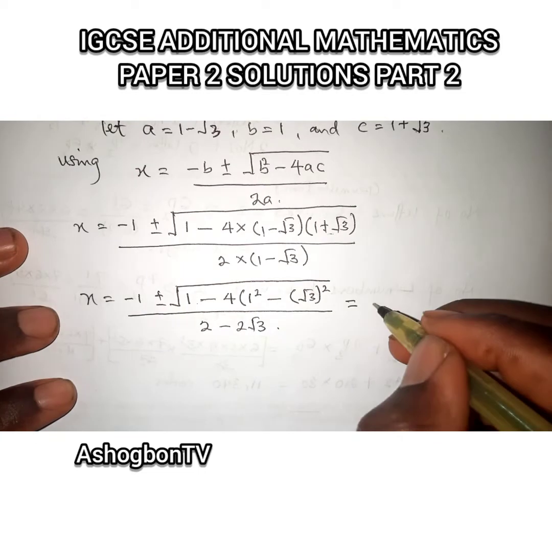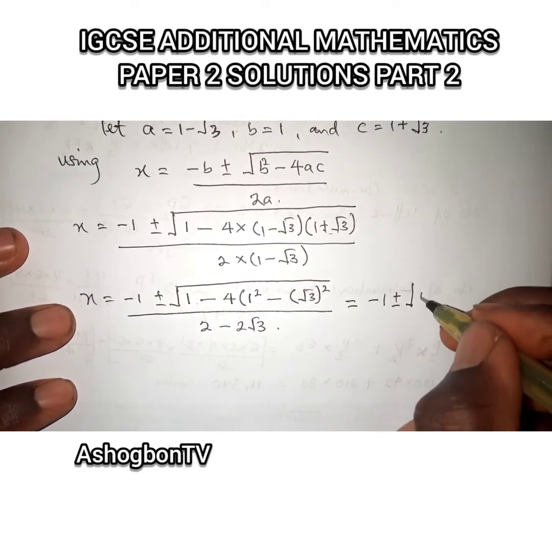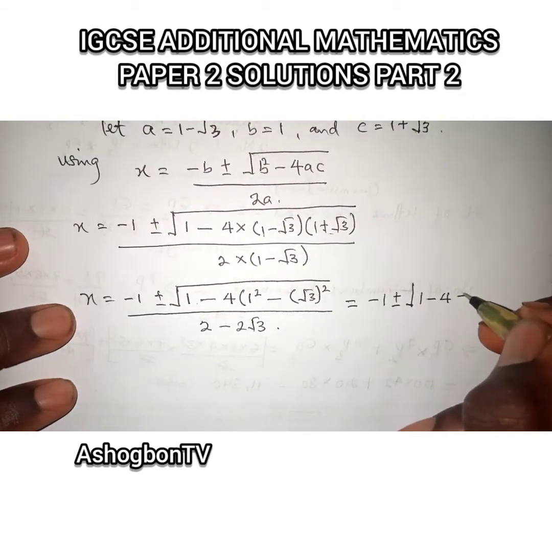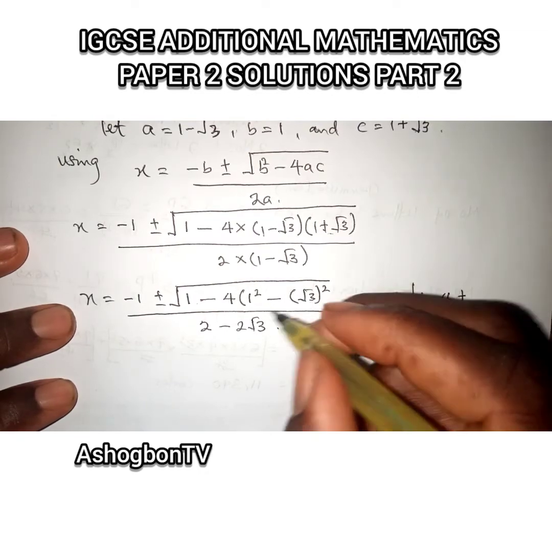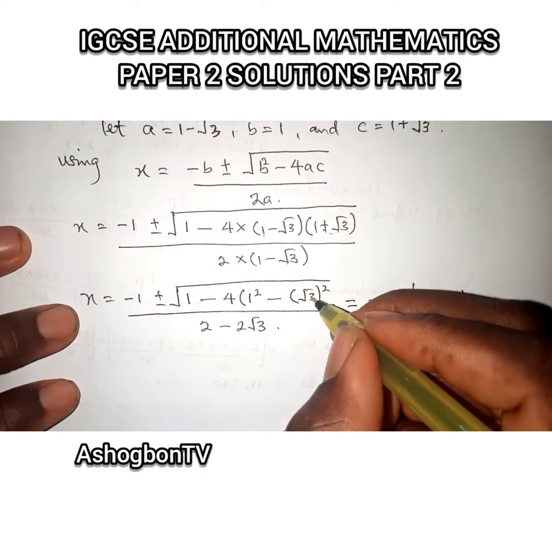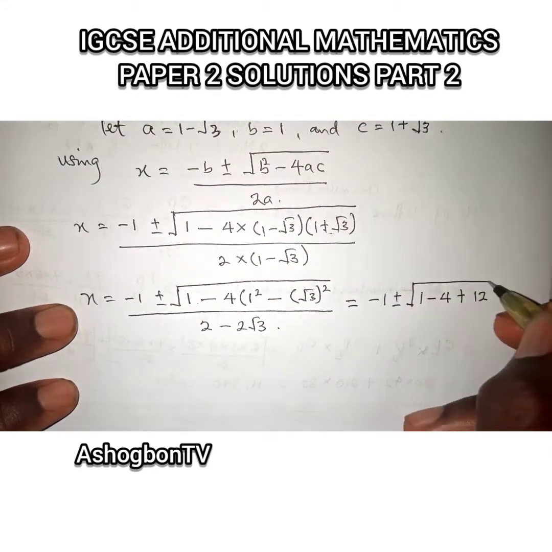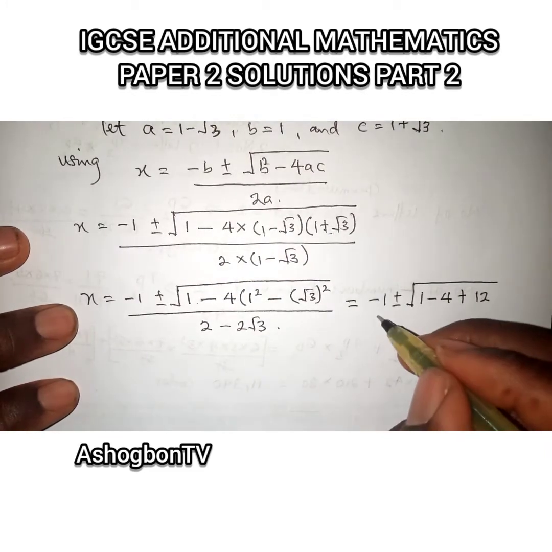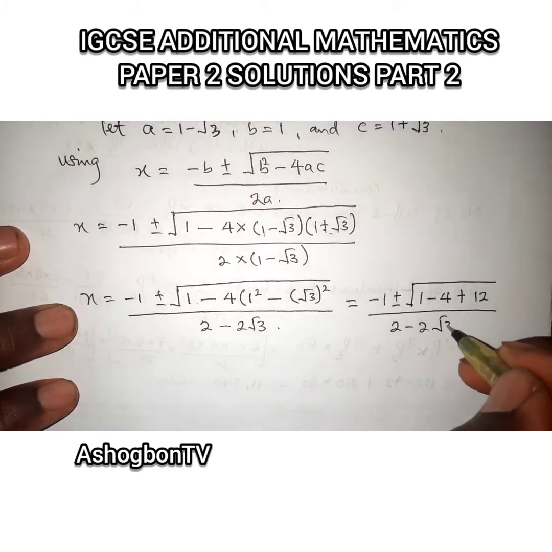So I'm going to have minus 1 plus or minus square root of 1 minus 4. Here, square root of 3 squared is 3, and if I multiply by 4, I'll get 12. So minus times minus gives plus, then you have 12, and you divide by 2 minus 2 root 3.